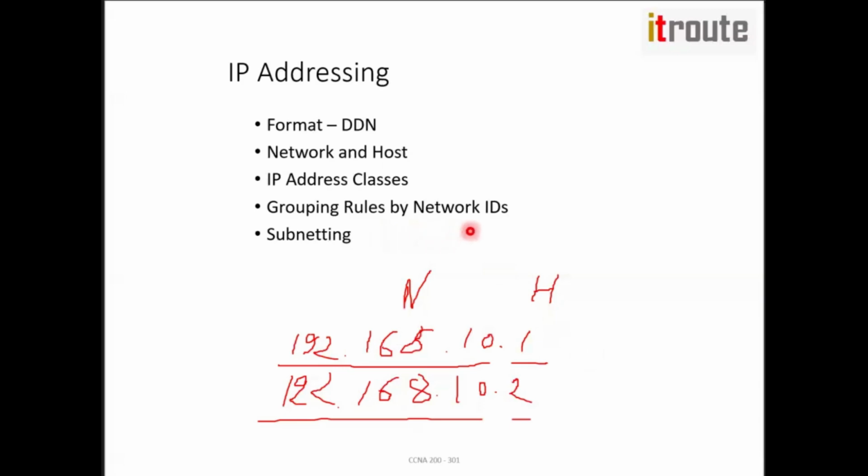And grouping rules by network ID. In this scenario, the network ID will be 192.168.10.0, where 0 indicates the network. Under the 0 we have many other IP addresses, let's say 10.1, 10.2, 10.3, and so on. Why do we need subnetting? Let's say we have one big network; we break it down and create a lot of small networks from it.